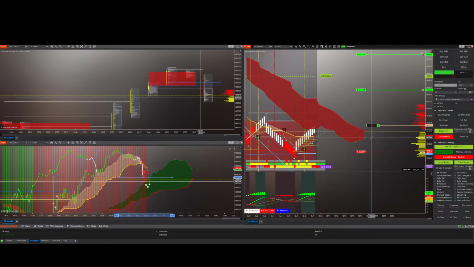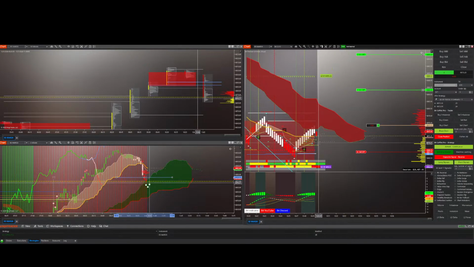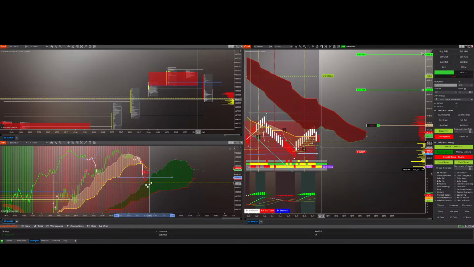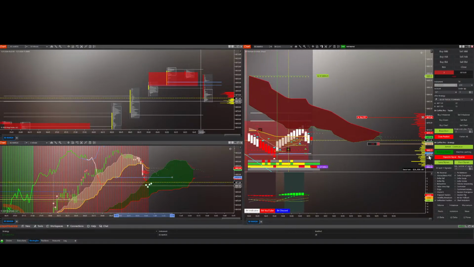Possible Kumo twist here. Could coil before that happens. Oh, you got me. Order filled. Love it.